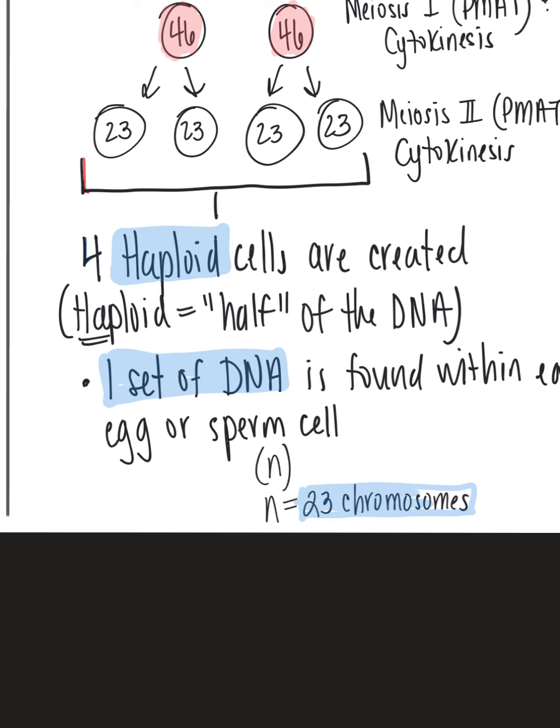Up at the top, when we look at the picture, we can see that our haploid cells are the 4 created from this process. So if you're female, you're going to create 4 haploid cells or 4 egg cells or sex cells that have 23 chromosomes in each, or if you are a male, you are going to create 4 sperm cells, each with 23 chromosomes inside.